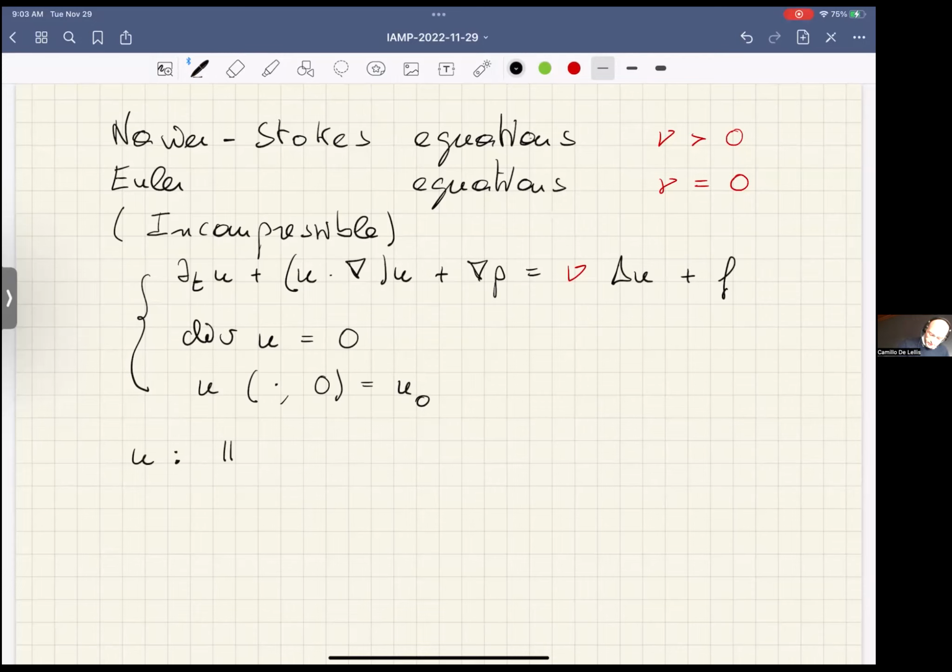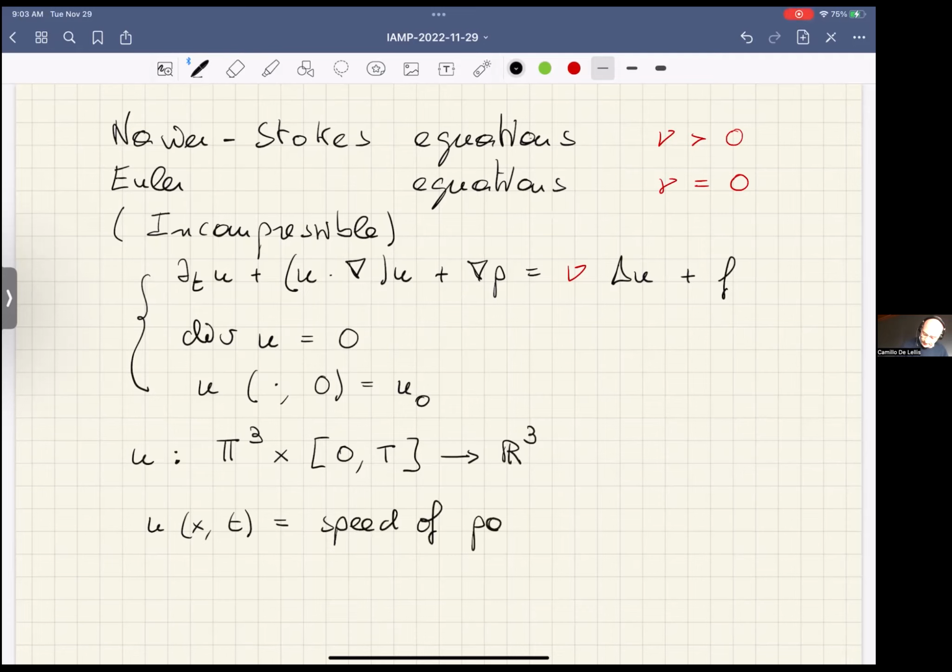So u is a vector field, which depends on time and space, and it's defined on the periodic torus. At time t and at the point x, it tells you the speed of the fluid particle which is occupying the point x when the time is equal to t.